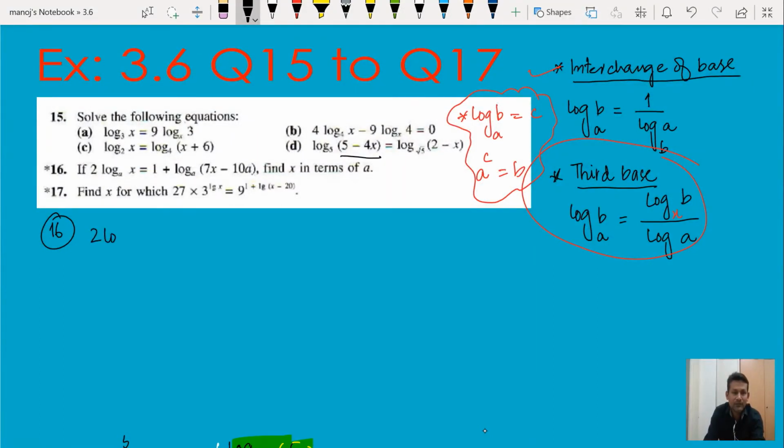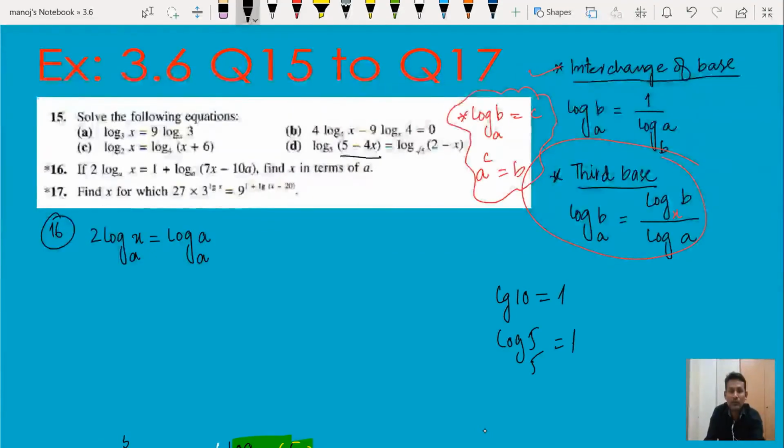The log a x, and this one you have to write here, like 1 is log a a, and a is also 1, because you need the base, whatever the base required. Sometimes we write log 10 is also equal to 1. Log 5 is also equal to 1. But what we need here is the base a, so we write a and a.